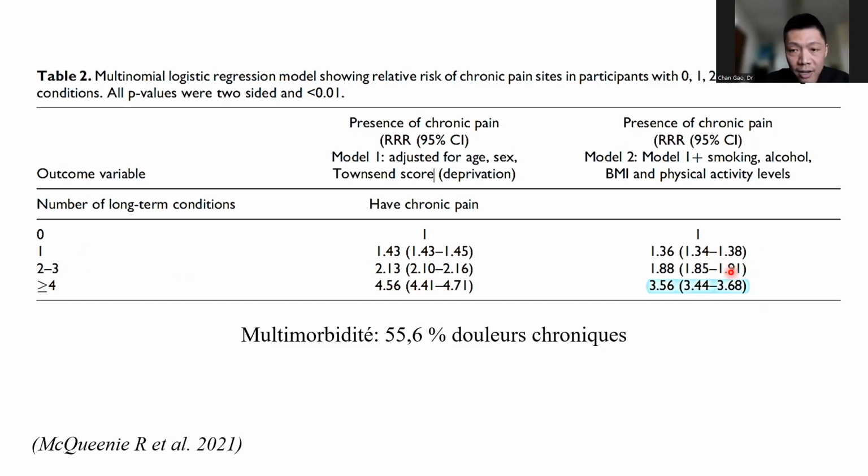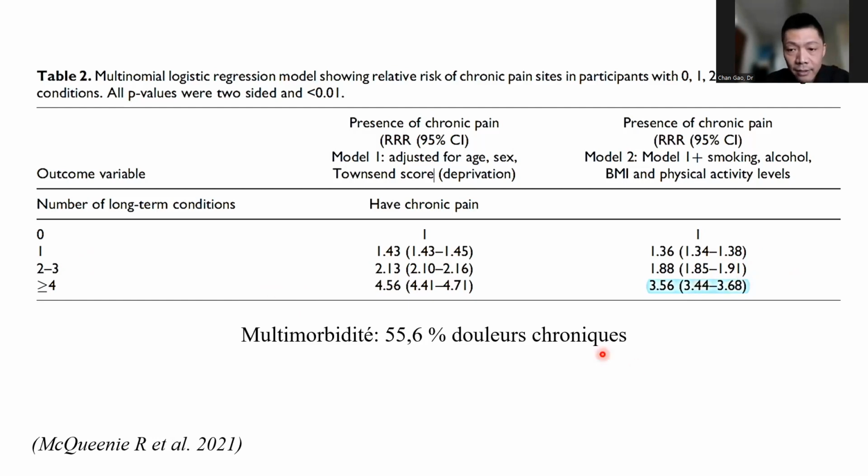There was about a 36% increased risk for chronic pain in participants with a single long-term condition. Two or three long-term conditions led to an increased risk of 88%. Four or more long-term conditions were associated with more than three times the risk of developing chronic pain.